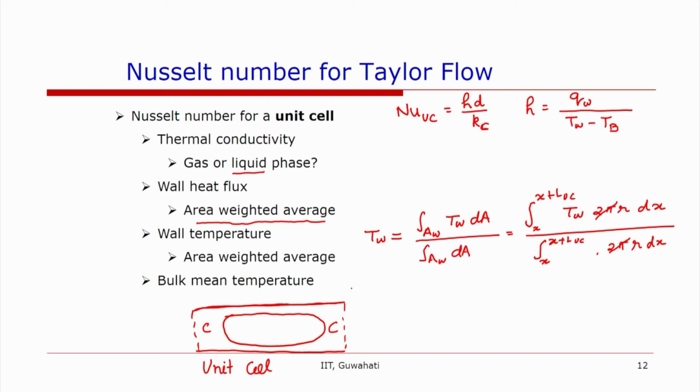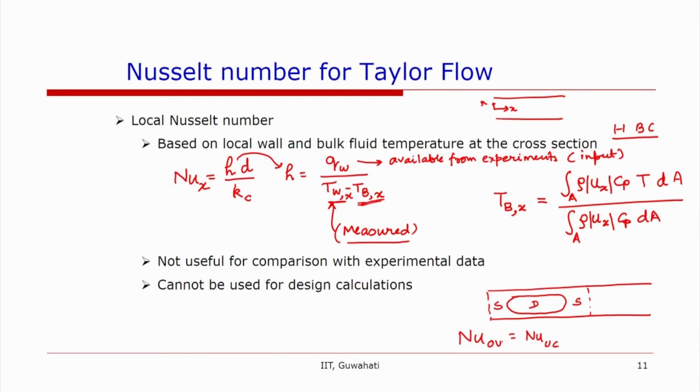Now, the bulk mean temperature T bulk will have the same definition, but now the integral will be over the entire unit cell. So, we will have integral over the UC. Remember that in this case also we have two phases. So, we will have the gas phase and the liquid phase, depending on at what location what phase is present.